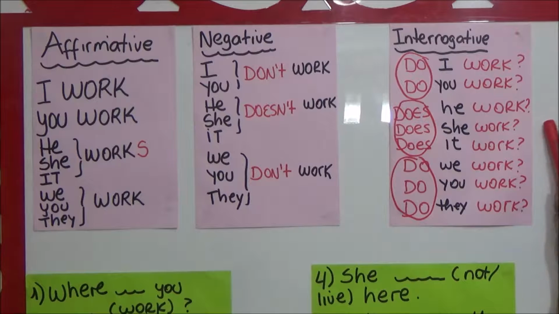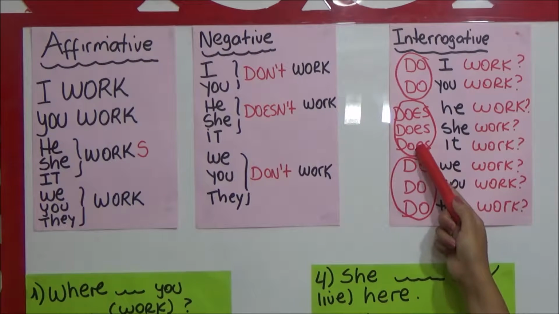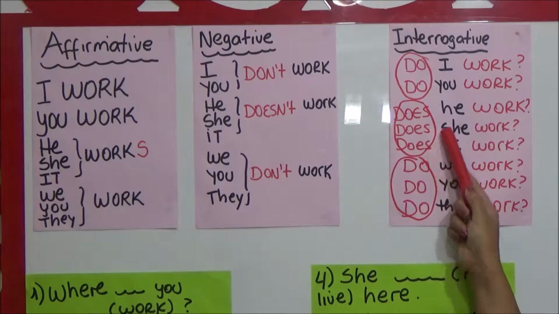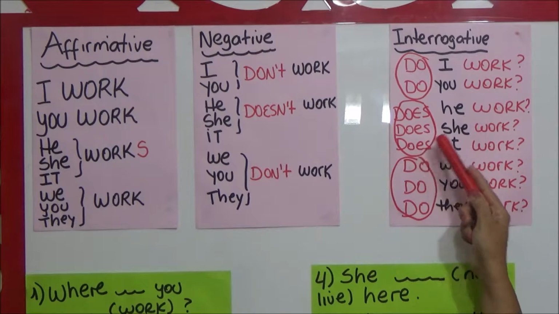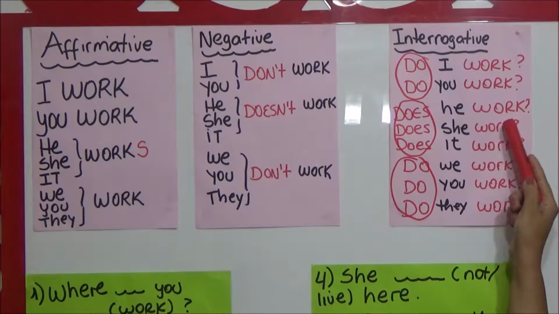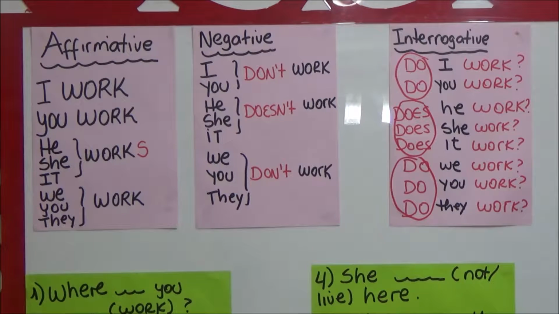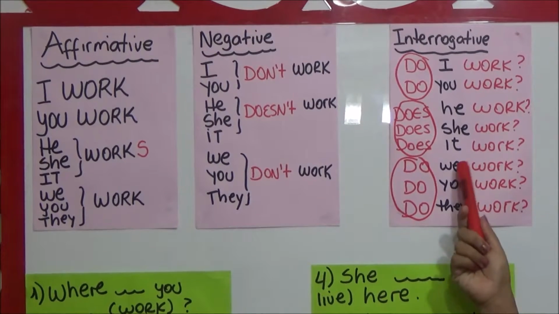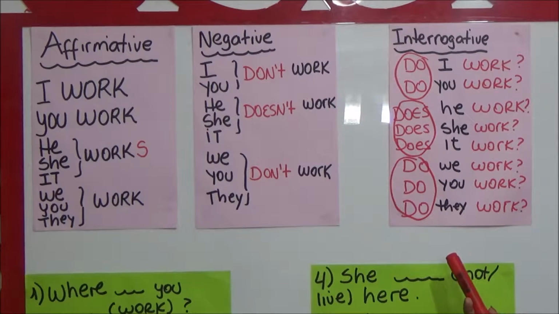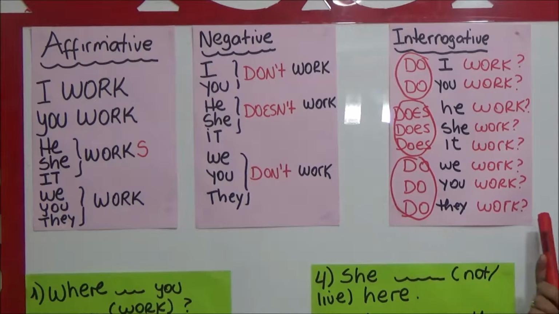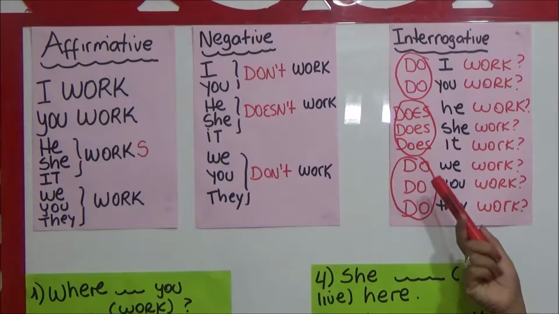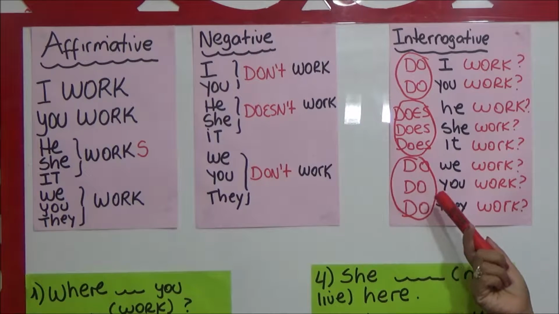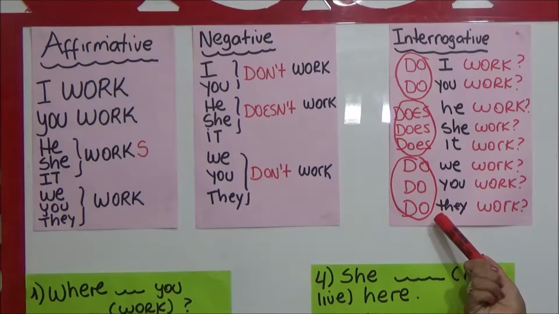But here, as you can see, there is no final S, because the S is in the auxiliary. We put the S in does, but the verb is just in the infinitive form. In the case of we, you and they, we also use the auxiliary do and the verb work: do we work, do you work, do they work.